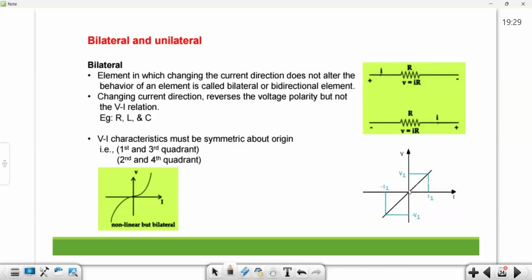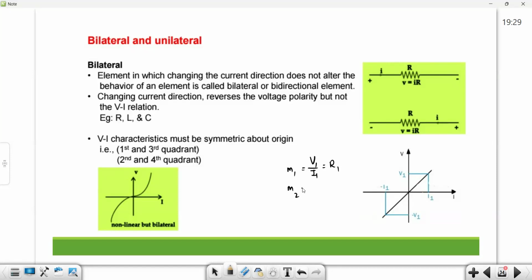Here the graph is given. If you find the slope, m is equal to y by x, where y is v1 and x is i1. So v by i is equal to r; here take it as r1. Now in this quadrant, the current direction is changed. What is the slope?